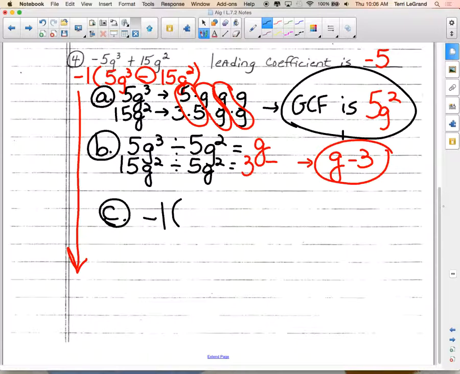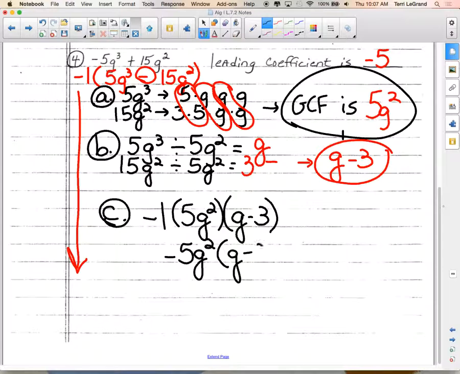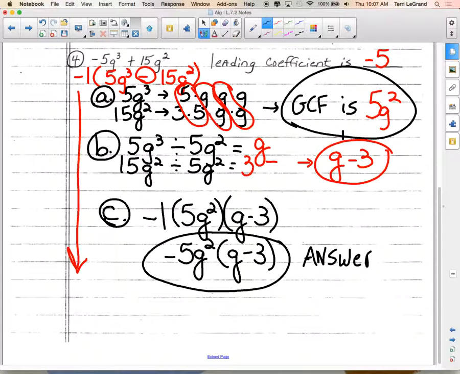We need 5g squared. We need g minus 3. Now, chances are they would not leave it that way in the answer bank. They would take this -1 times this 5g squared, so we would make it a negative 5g squared times g minus 3. That's going to be our answer, our factored name for the polynomial we started with.